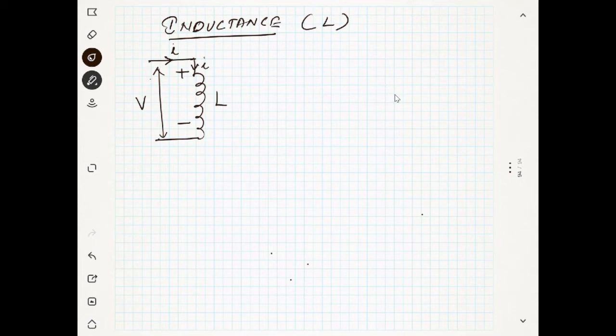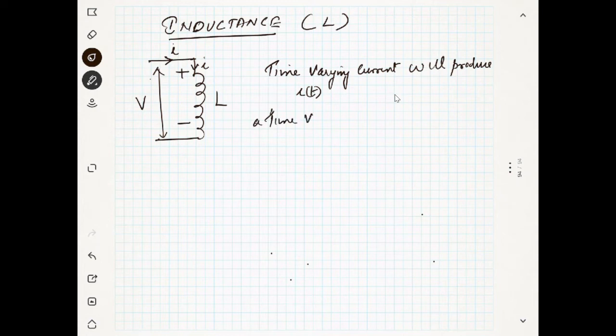If the current is also changing with time, a time varying current will produce a time varying magnetic field. We are not talking about the electric field because we are talking about lumped elements. The electric field will be negligibly small at low frequency anyway.